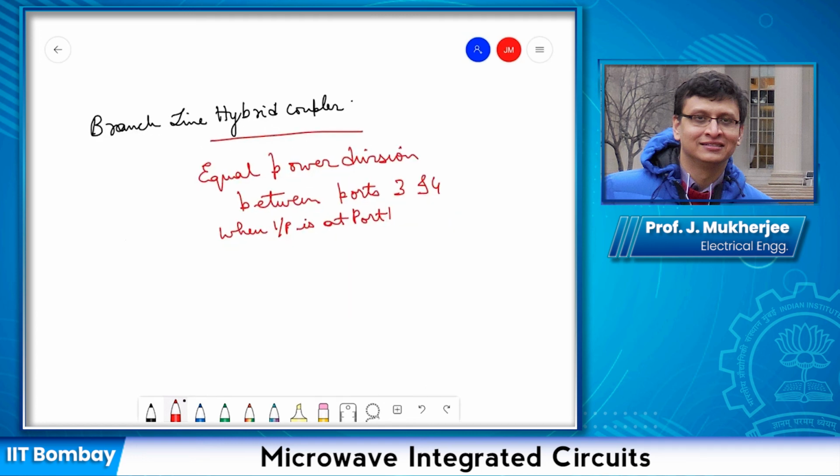So what this means is that S31 magnitude is equal to S41 magnitude. Okay.